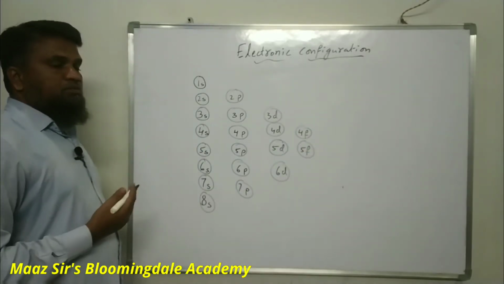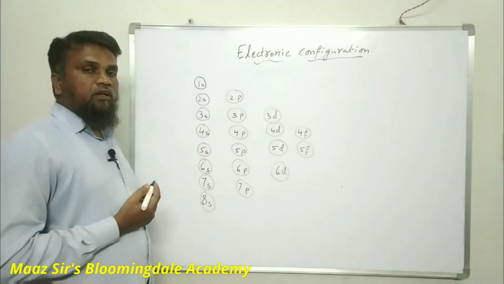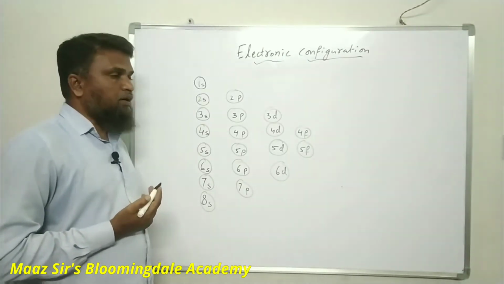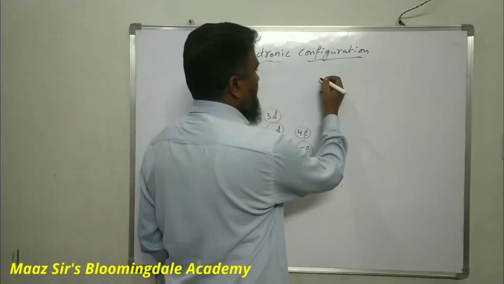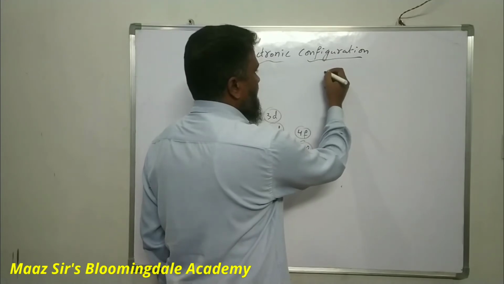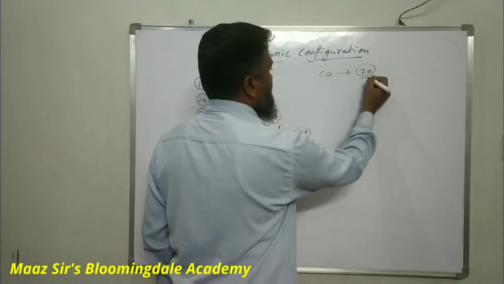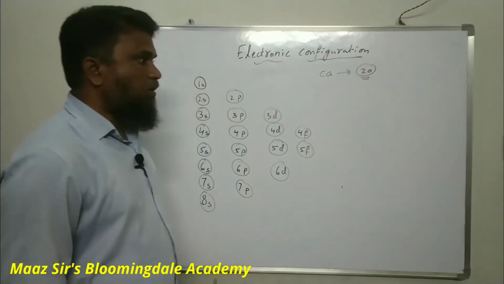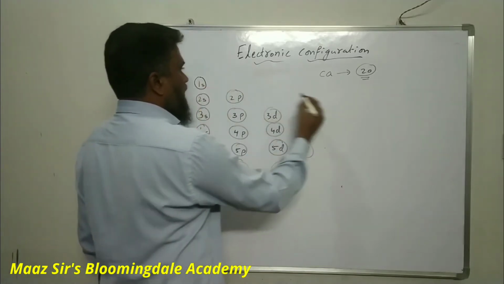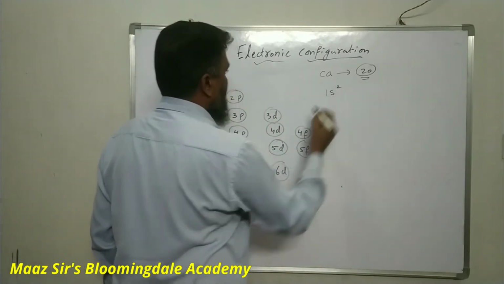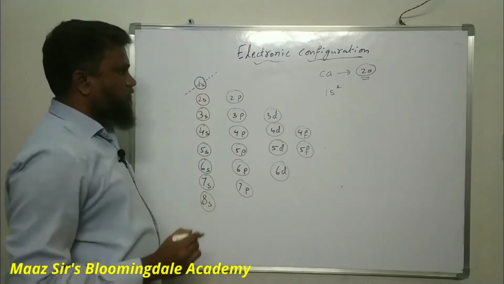Now with the help of this molar chart, we can write the electronic configuration. So now let us see how to write it. Let us take any element, for example calcium, atomic number 20. First, the electron will enter into 1s2.